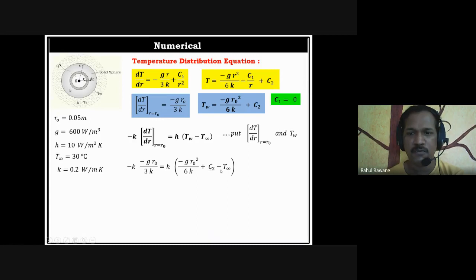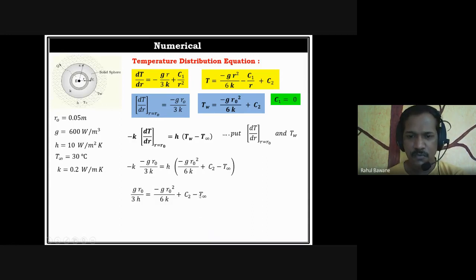Now here minus minus becomes plus, and K gets cancelled, so there will be G ro upon 3. If I shift this H to the left hand side, it will be in the denominator. So we get G ro upon 3H equals minus G ro square upon 6K plus C2 minus T infinity. We are doing all this exercise to find out the value of C2.